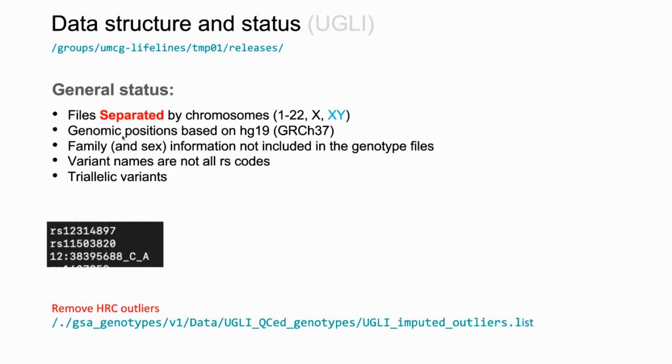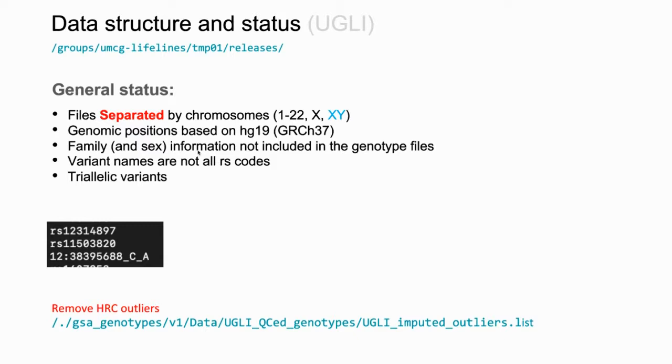The genomic positions are based on the human reference genome version 37, which is not the latest. So you really need to check this if you're comparing your results with other studies or databases, mostly when you need to do validation, you have to have this in mind.